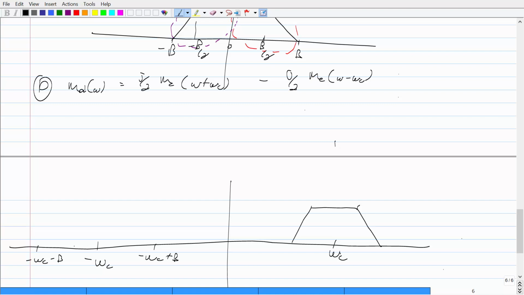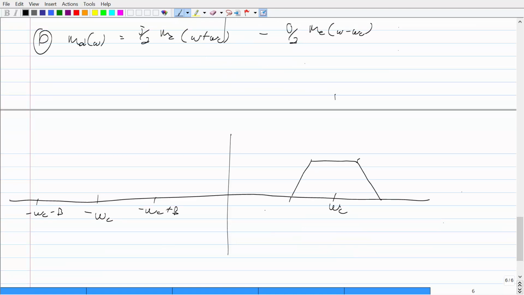Okay, we'll leave it like that, and this is minus b, plus b, and I'll just leave that undetermined.